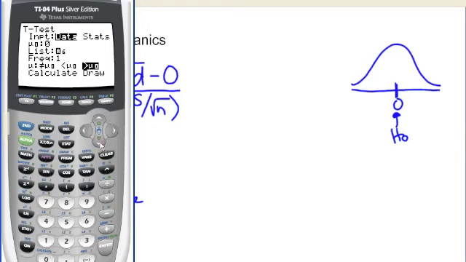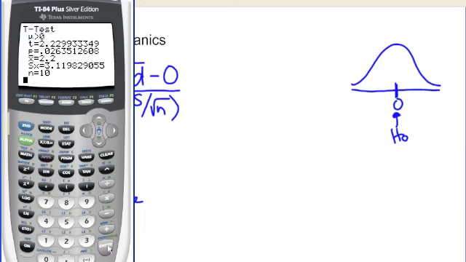There's my list 6. I need to select the proper alternative hypothesis, and that's this greater than. And then I can calculate. Let's see what we got. There's my t-score, my p-value, my x-bar, but remembering we're secretly calling this d-bar now. And there's my s and my n, so all the pieces I need.